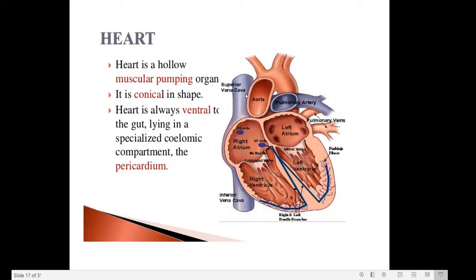Apart from that, it has the right atrium, right ventricle, left atrium and left ventricle. In between the left atrium and left ventricle is the mitral valve, and between the right atrium and right ventricle is the tricuspid valve.